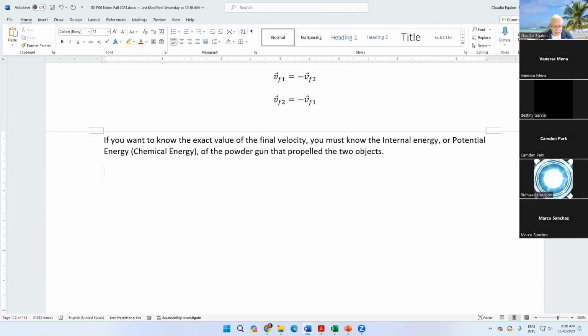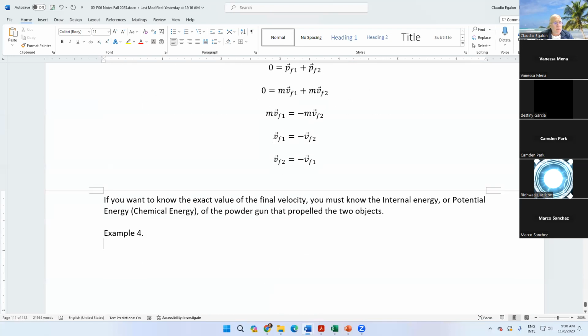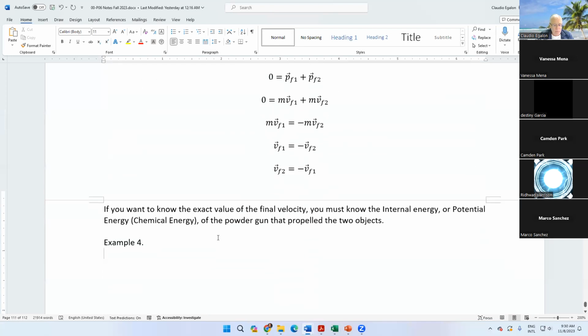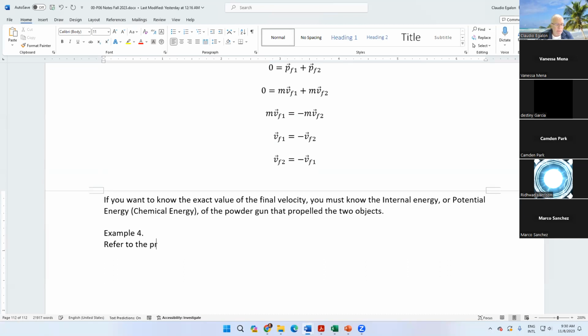So let's look at an example 4 now. Okay, we still have 30 more minutes to go. Refer to the previous problem. Assume that the potential energy of the gunpowder, it's not a powder gun, it's gunpowder, right?